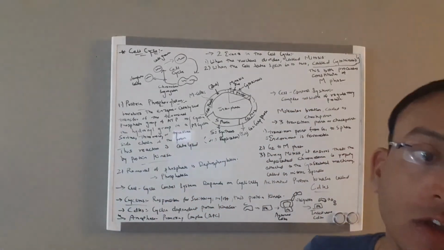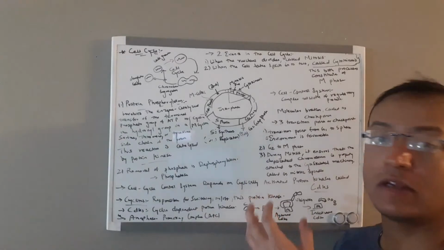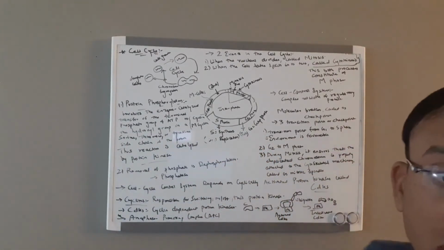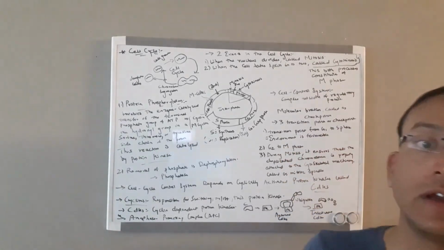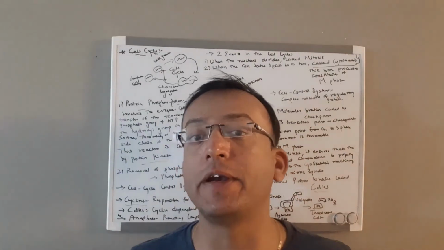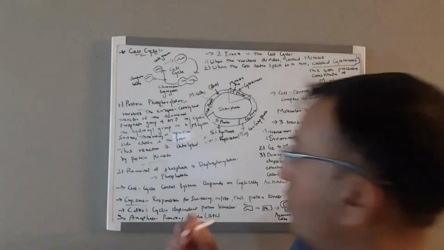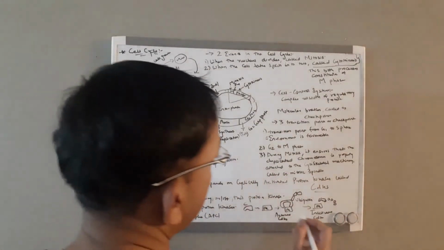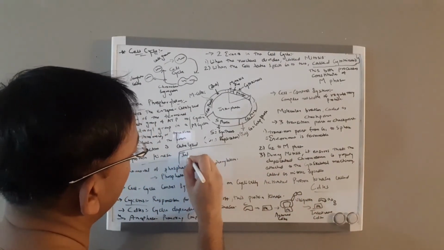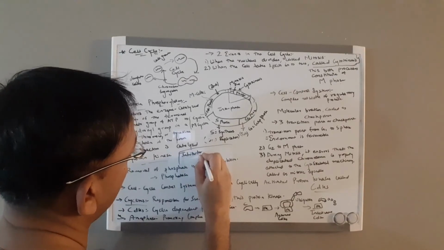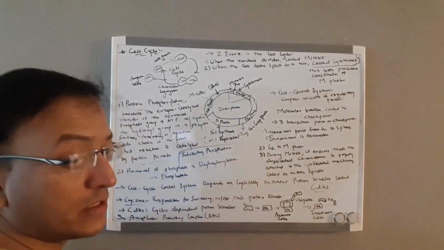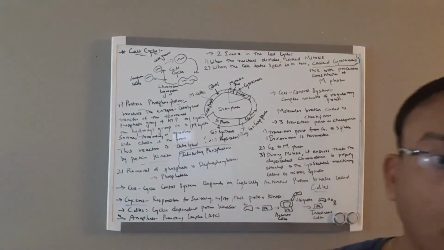So what is triggering this massive increase of the cyclin CDK complexes? What is actually happening? The cyclin CDK complex contains an inhibitory phosphatase, this enzyme, right?